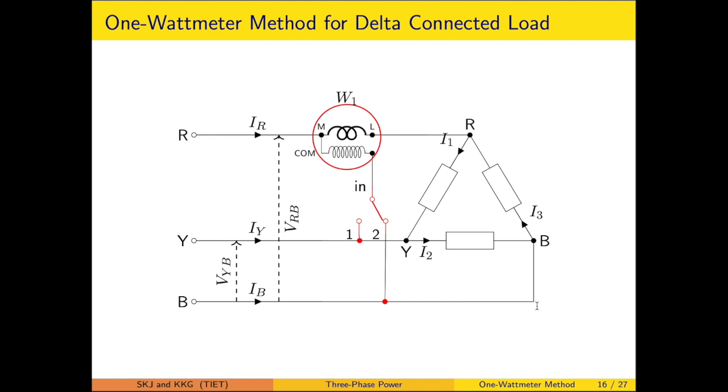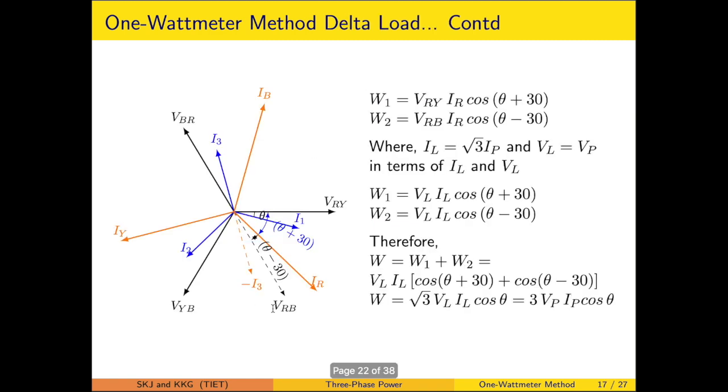Now for the delta connected load, the procedure is simple. The only thing is that instead of the line voltage, here we have to mark the line current IR. So IR is marked as such, which comes out to be I1 minus I3. We will have a measurement between IR and VRY, and that yields theta plus 30 degrees.